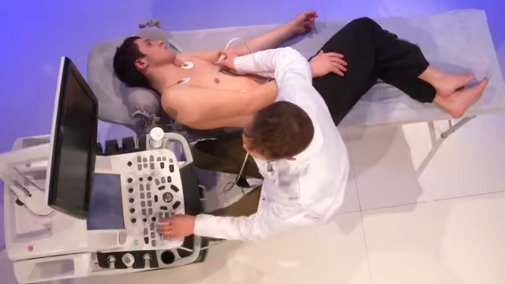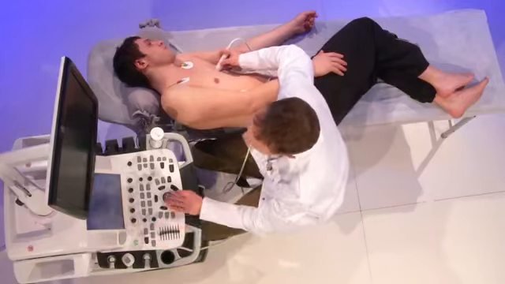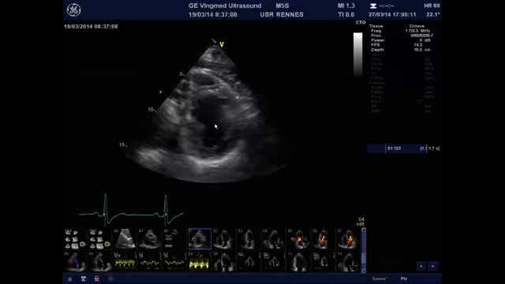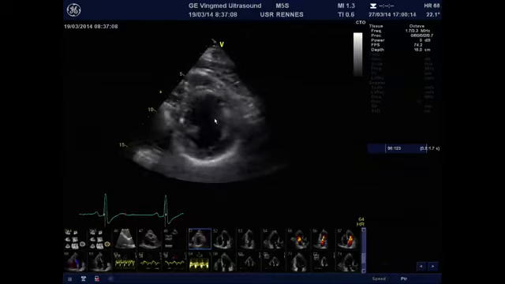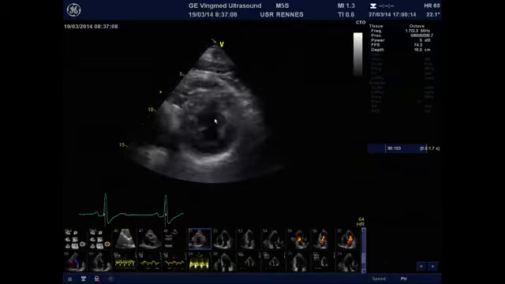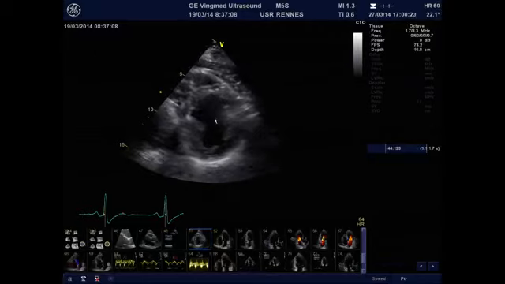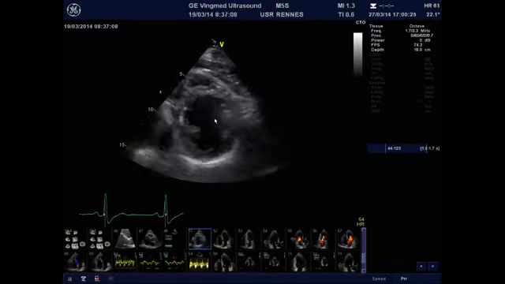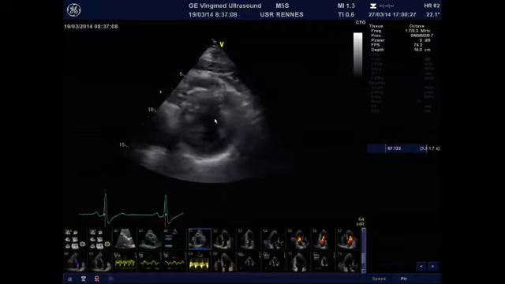Then we will move to the parasternal short axis view, and on this view we will be able to assess the global LV systolic function visually, and we will be also able to check for the regional function to make sure that there is no heterogeneity between each segments of the LV.